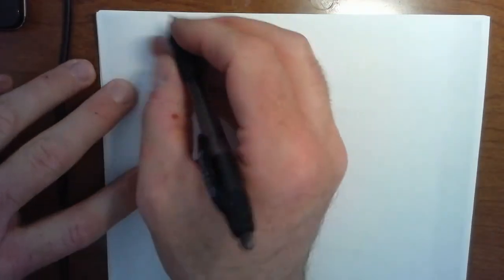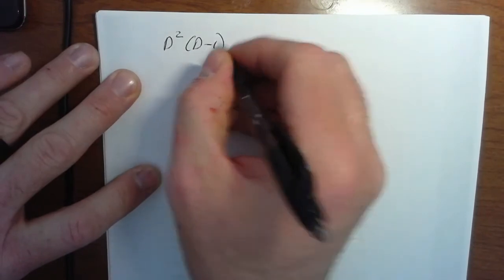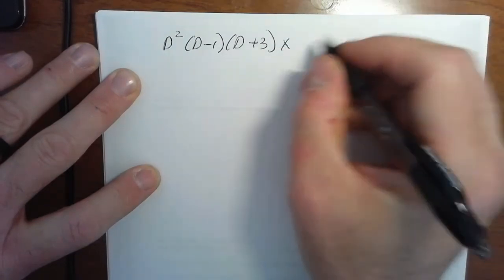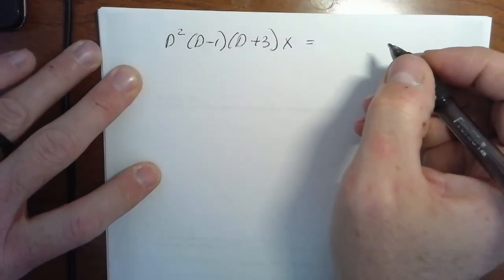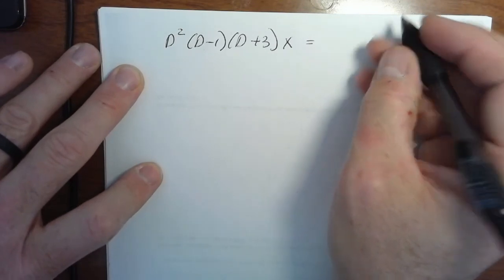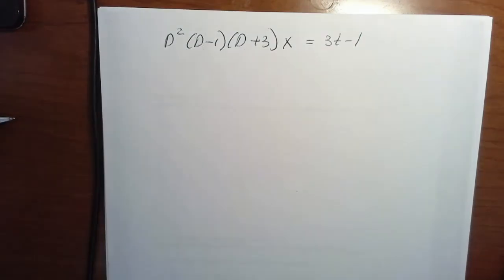One way we can do this without getting really carried away with algebra is suppose I had something like this, and I had 3t minus 1.